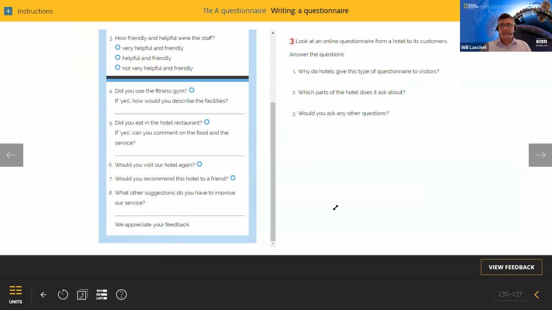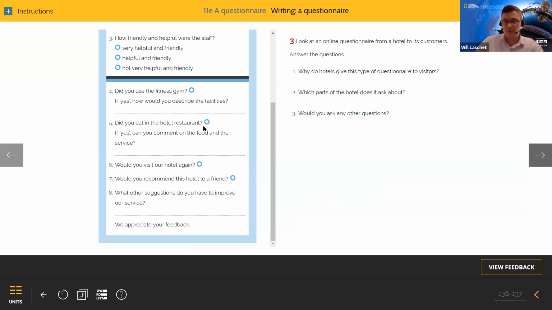We want to get enough useful information, but we don't want to overload people with too much, because if we make our questionnaires too long, people are not going to finish them. They're going to get what we call questionnaire fatigue or survey fatigue. We don't want to bore them, or make people so reluctant that they don't want to fill in the questionnaire for us.